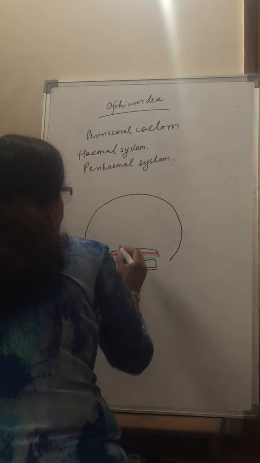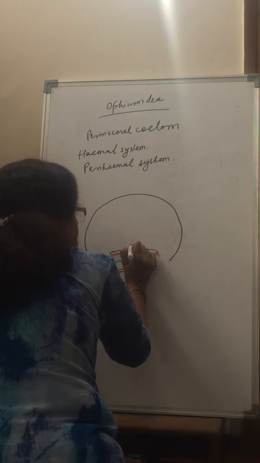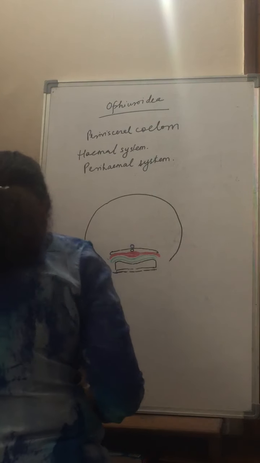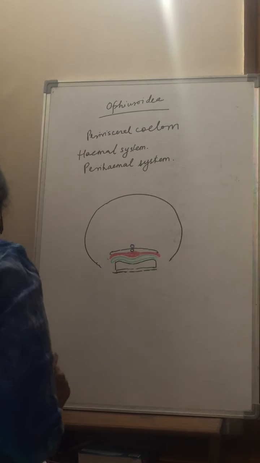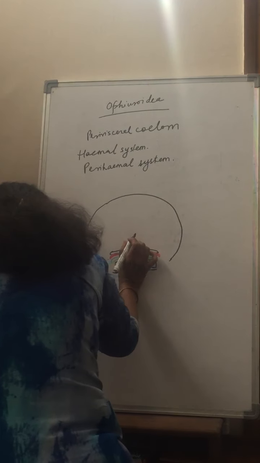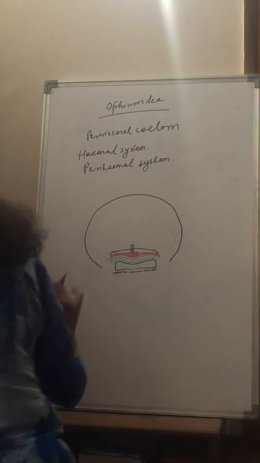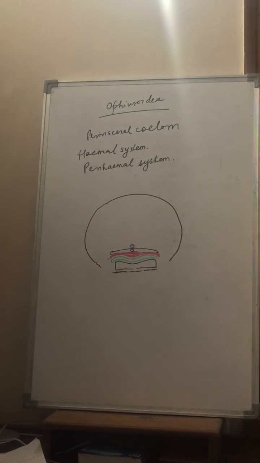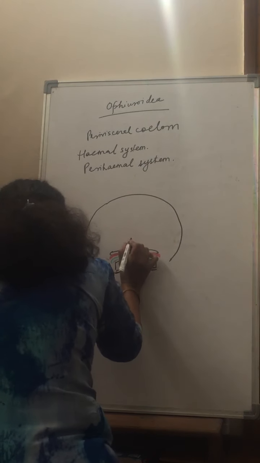And then there is the radial water canal. I'll make it in blue. This is the radial water canal. From the radial water canal these lateral canals come out.